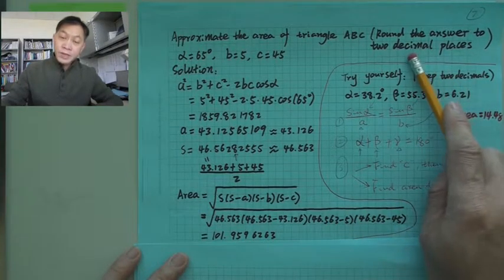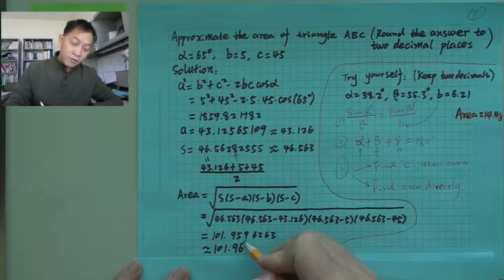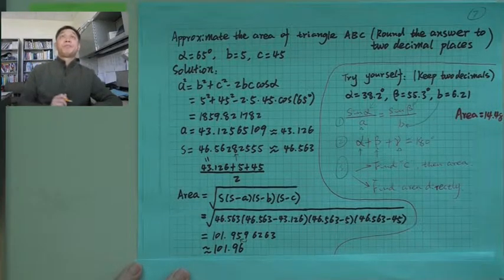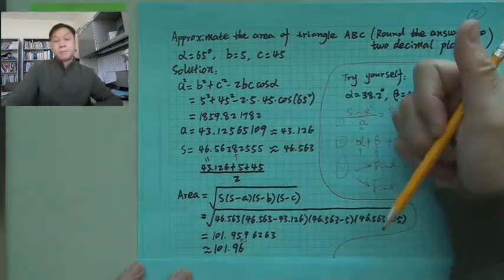If you need 2 decimal places, you round it up. This 9 is greater than 5, so you have 101.96. This is using Heron's formula.